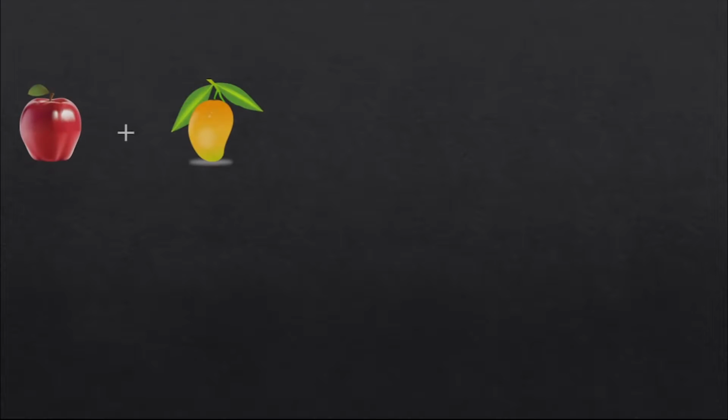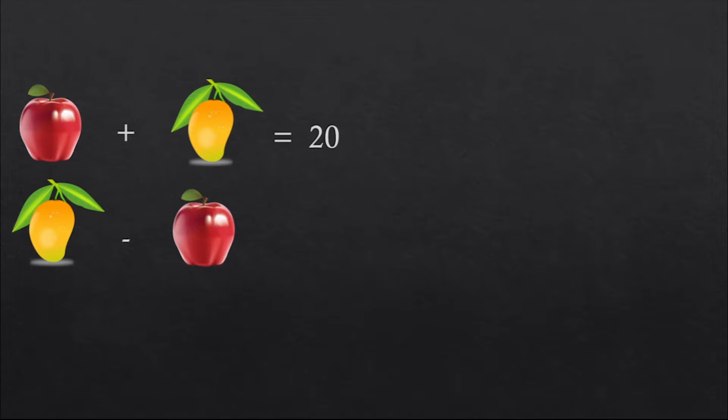So now, if you put the information that we got earlier into equations, what are we gonna get? Apples plus mangoes equals 20, and mangoes minus apples equals 2.